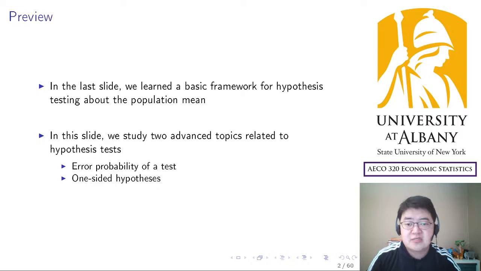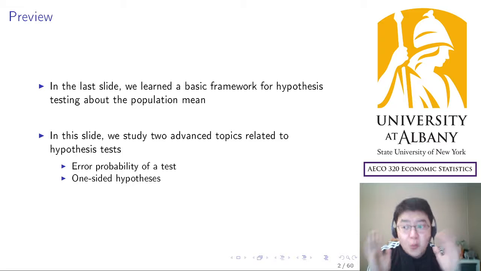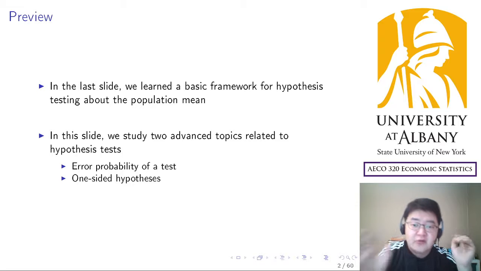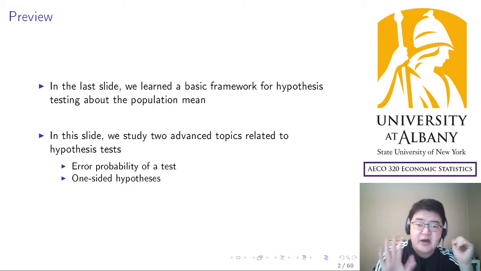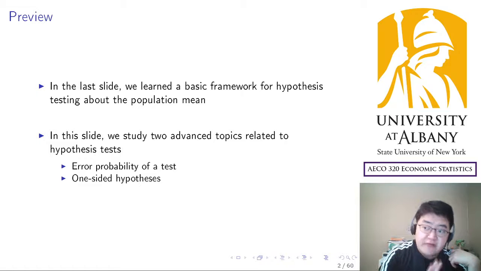the hypothesis testing works. And in the second half of this chapter, we are going to consider totally different types of hypotheses. In the previous chapter, we simply considered the null hypothesis given by the mean equals some number, and the alternative hypothesis being different from that value.